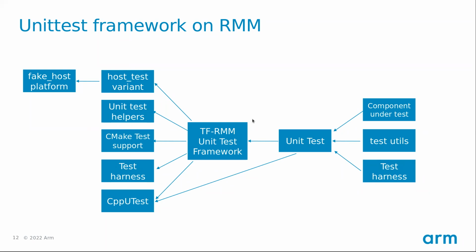So from the unit test framework to the left is our platform component. From the test framework to the right, it is all component dependent. Every component that we want to test will have its own set of unit tests and auxiliary files. Any question on this slide?